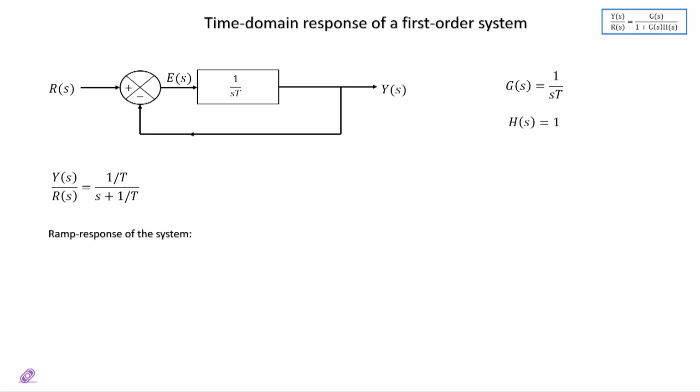What happens if I give the reference input here as a ramp input? What will be the output of the system? We already know how to find the response of a system.